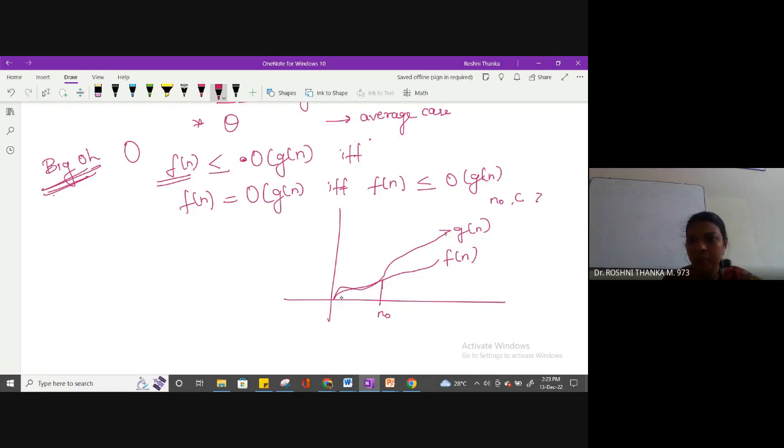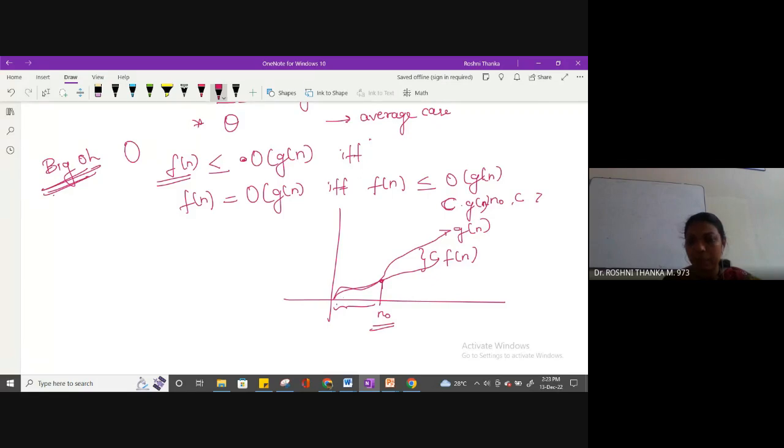So this big O of g of n is always represented as c into g of n. We have to find what this constant value is, and from which n value the condition is true. That value is denoted by n naught. From a particular point onward, because some values can be ignored.